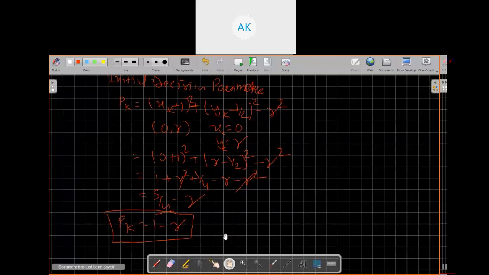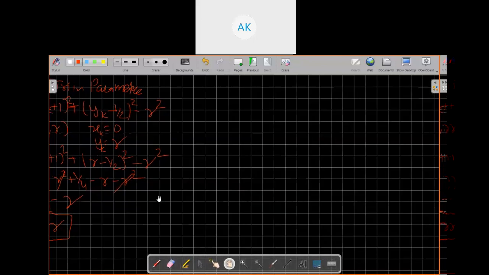So in the same case as we saw in Bresenham's, when your pk is greater than or equal to 0, your next point xk plus 1 will always be xk plus 1, and yk plus 1 will be yk minus 1. Means your next coordinate when pk is greater than or equal to 0 will be xk plus 1, yk minus 1.